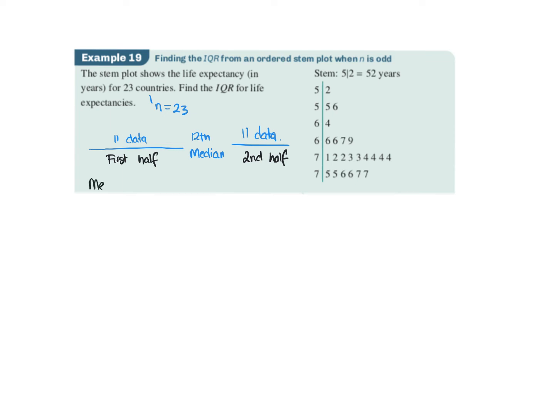So the median of the first half equals n plus 1 divided by 2, which equals 11 plus 1 divided by 2, so it's the sixth value. If we go in from the start: 1, 2, 3, 4, 5, 6. Here's the sixth value, and that's our Q1.